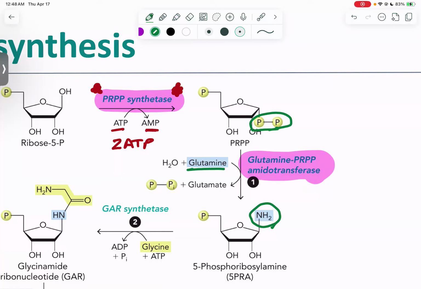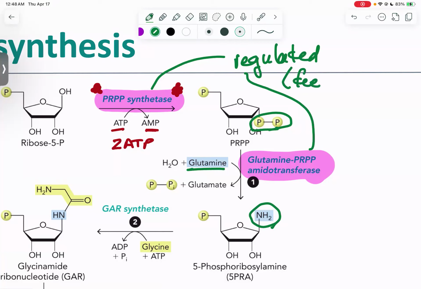Because remember, glutamine has 2 nitrogen containing groups, we cut one off, we get glutamate. So these two are our really, really highly regulated steps. And it's mostly feedback inhibition. So you do kind of have to know where in the pathway we're regulated.